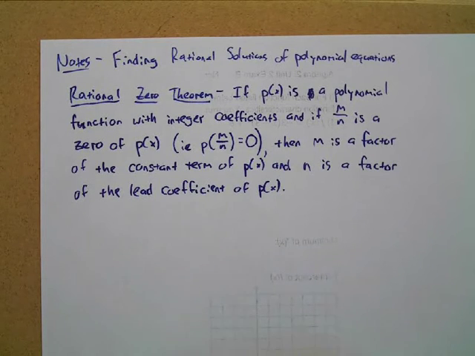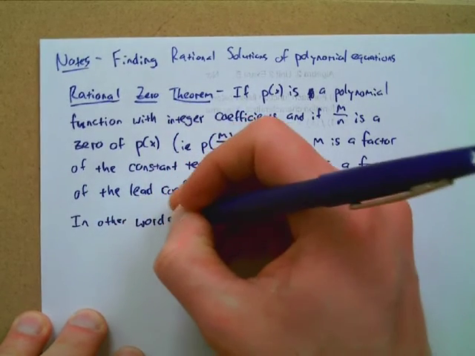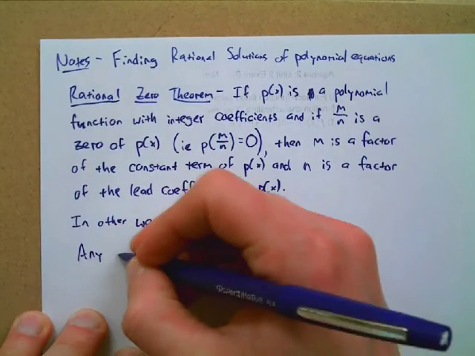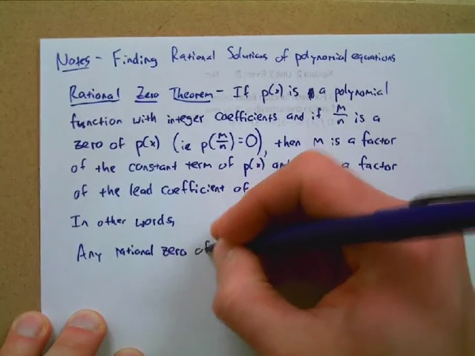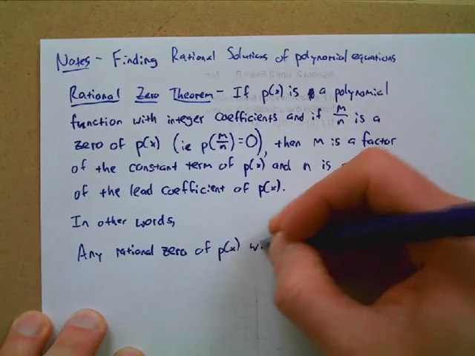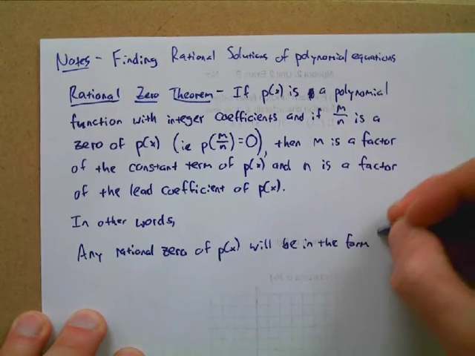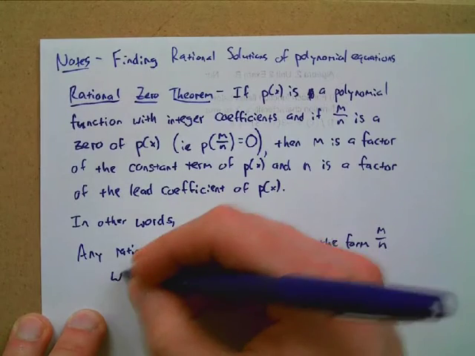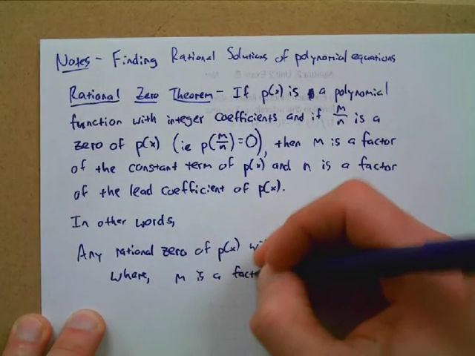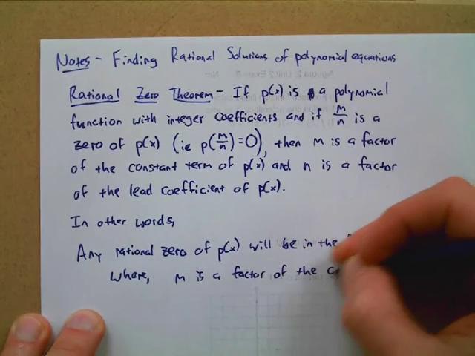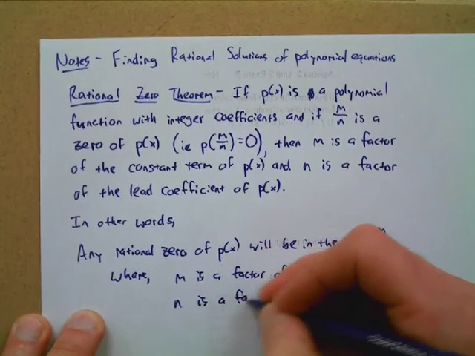Okay, so let me just put this in other words. Any rational zero of p of x will be in the form m over n, where m is a factor of the constant, and n is a factor of the lead coefficient.